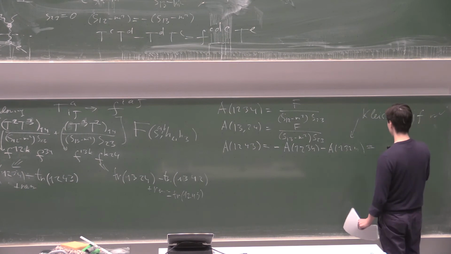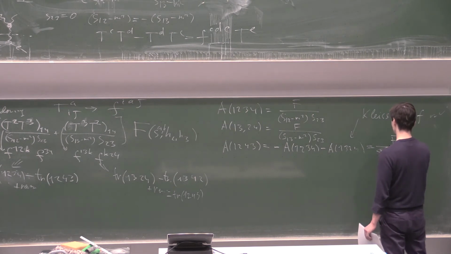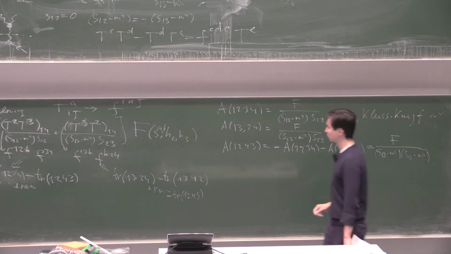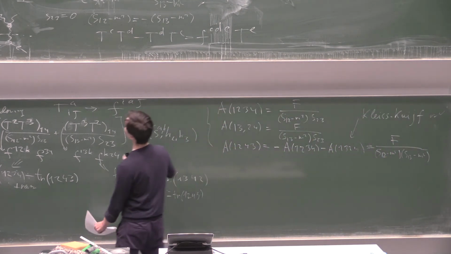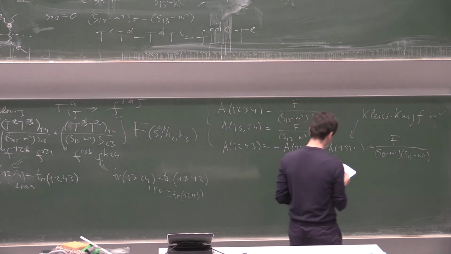And I can also rewrite it as f of S1,2 minus m squared, S1,3 minus m squared. So you can read off the color-ordered amplitudes right from there.